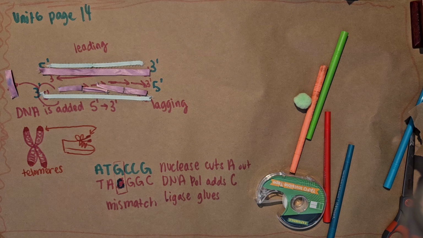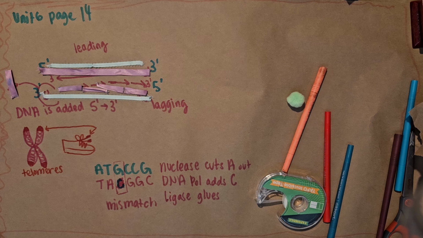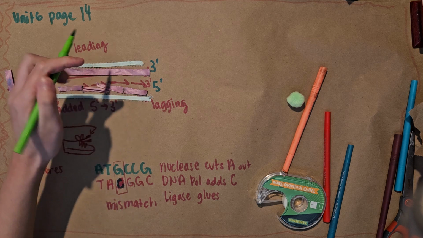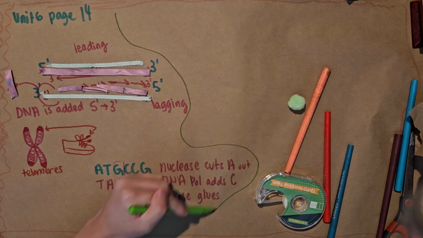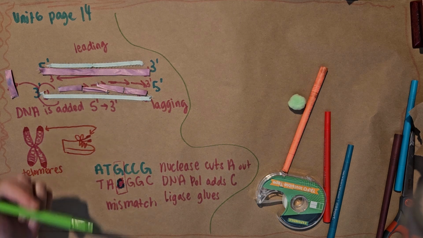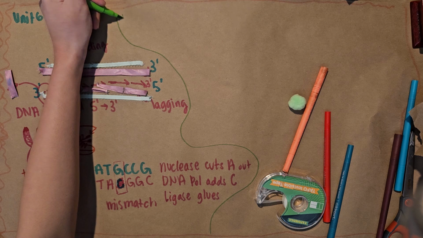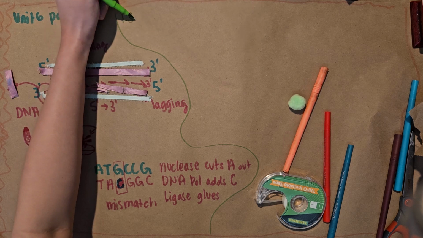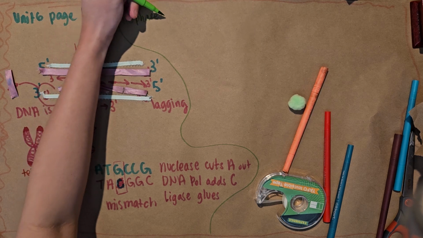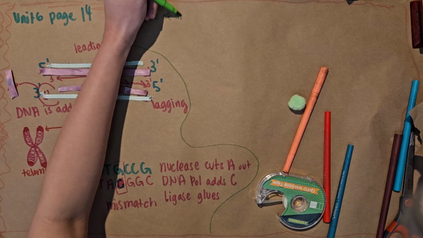Now I will go over the answers for you guys. So, okay. Question number 1. DNA replicates during which phase of the cell cycle? That's going to be S phase of interphase.